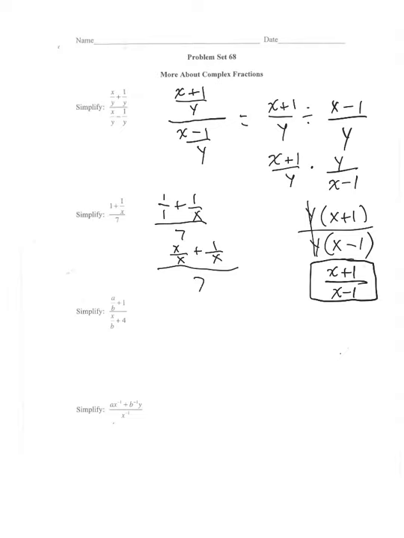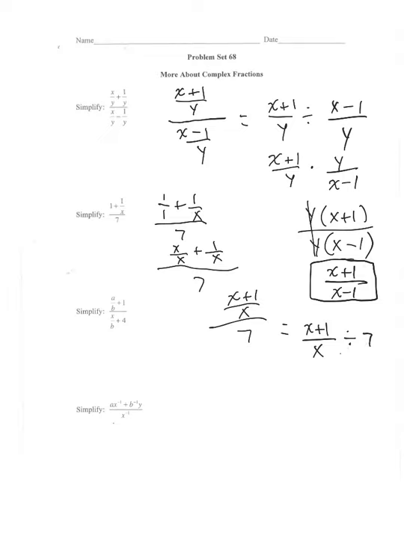Now I can add those two fractions in the numerator, and I get x plus 1 over x, over 7. At this point, it might be worth thinking about division rather than this fraction mode we've got it in. So that's the same thing as x plus 1 over x divided by 7.